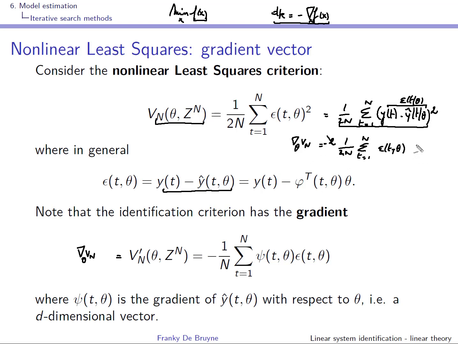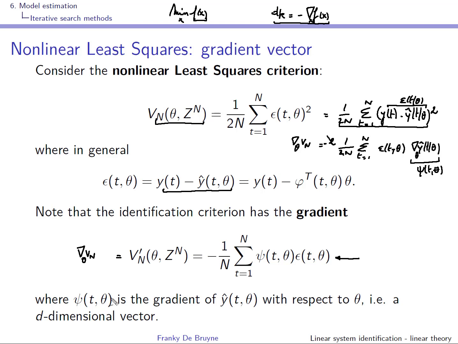And here we'll have the gradient of the one step ahead prediction with respect to theta, right? So here we've called this thing over here psi t theta, and so this is how we obtain this expression here.